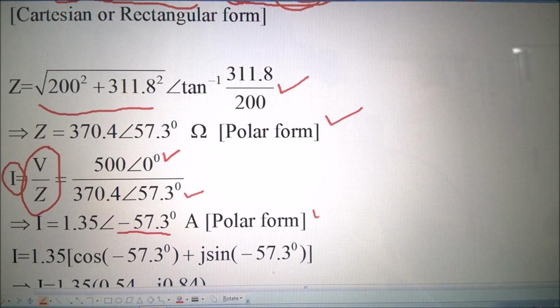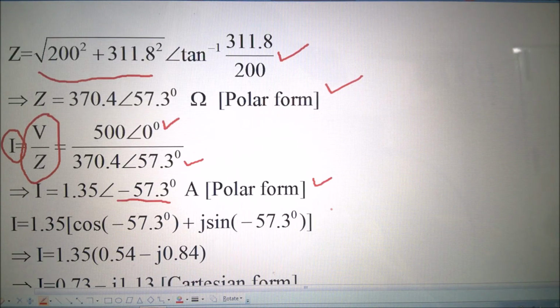Now we have seen how to convert rectangular form to polar form, but now we'll convert the I to the rectangular form from the polar form. Now this is the magnitude 1.35, this is the cos of the phase difference, and this is the sine of the phase difference.